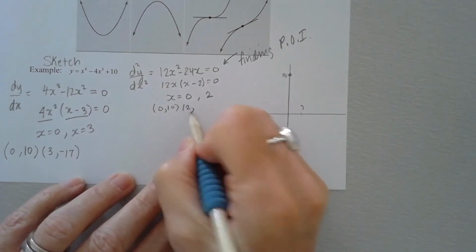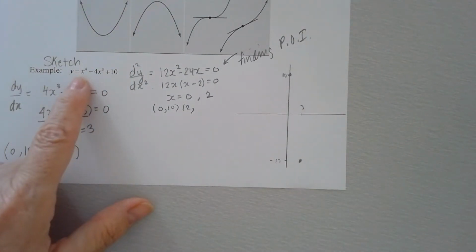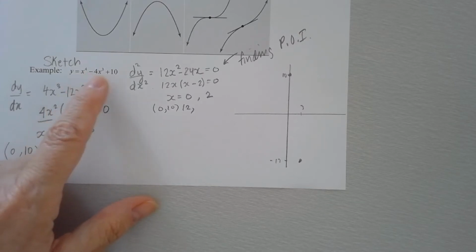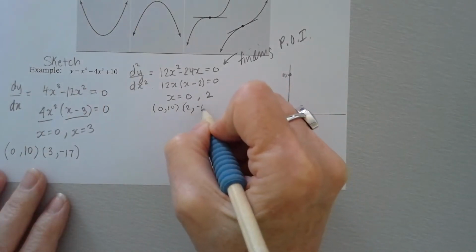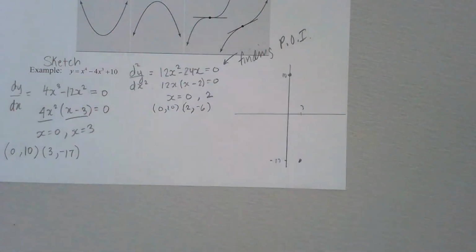And 2, I should be able to do that in my head. 2 to the 4th is 16, minus 8 times 4, plus 10. So I just put 2 in for x, and I got negative 6. Okay, I think there's points of inflection there, but I have to do some testing.